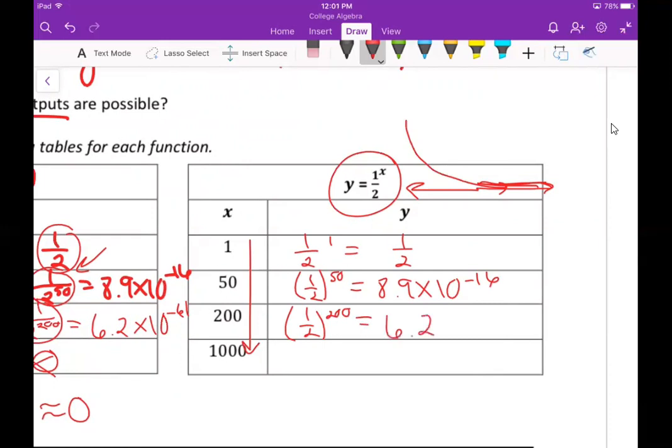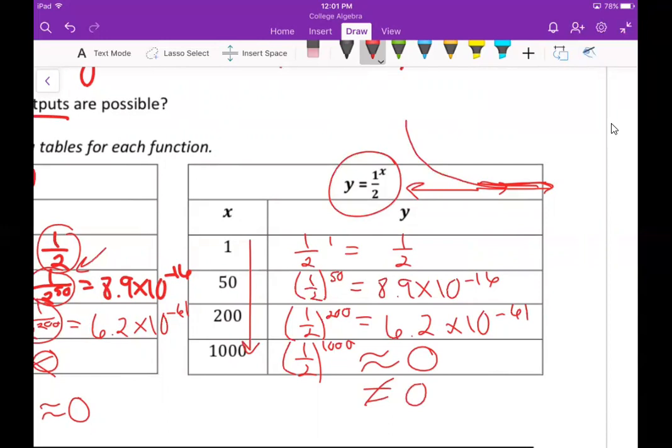We'll get the same thing, 6.2 times 10 to the negative 61. And this one again, when you plug in 1/2 to the 1,000th power, if your calculator isn't really beefed up and can hold all that data, it'll tell you it's 0, and we just know it gets really close to 0. It is not equal to 0, even though our calculator wants to tell us it is.